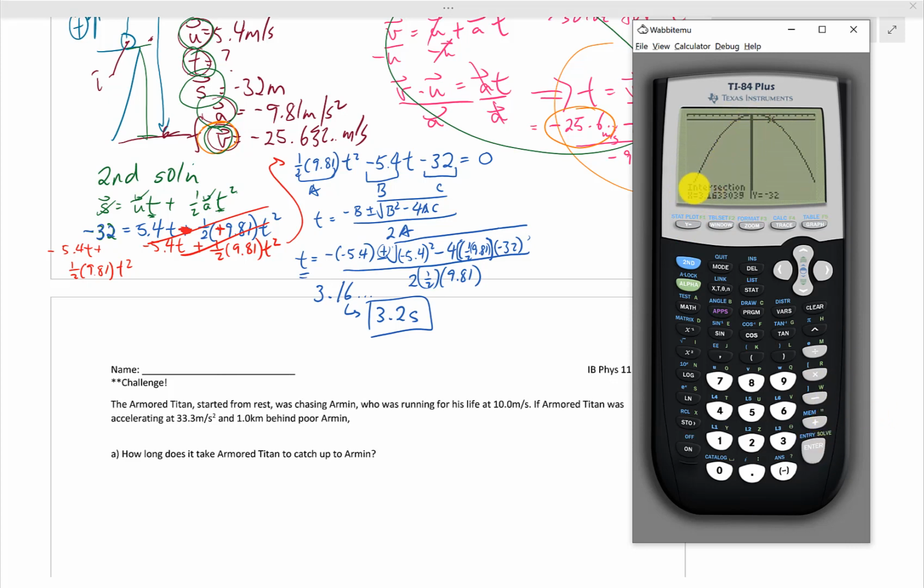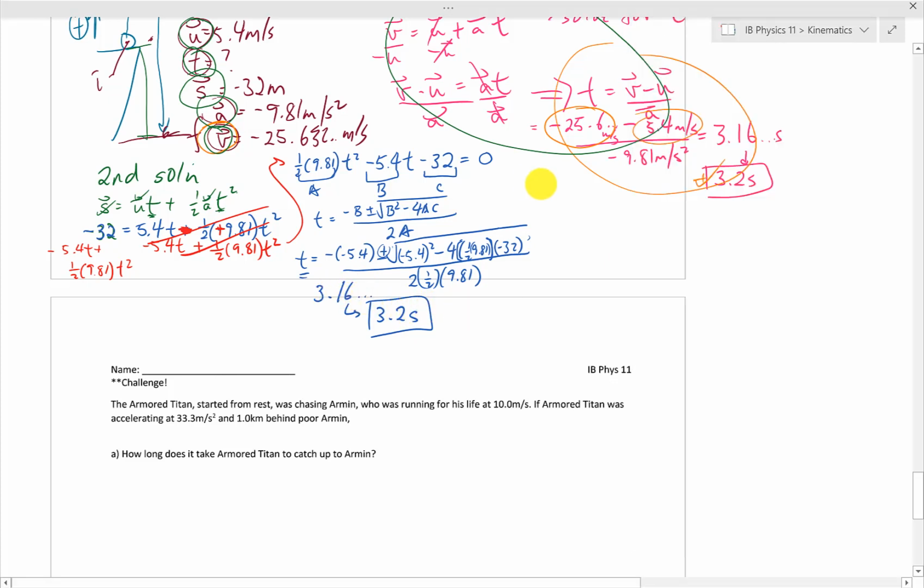Ignore that. The intersection happens exactly at x equals 3.1633, exactly what we got before. So that's the graphical way, and I'm just going to write that down. You can use a graphing calculator to also get the same value, 3.16, giving us this at the end.